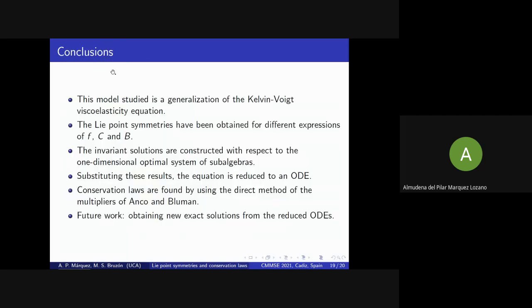Now, conclusions. We have studied a model, as we said, that is a generalization of the Kelvin-Voigt viscoelasticity equation.